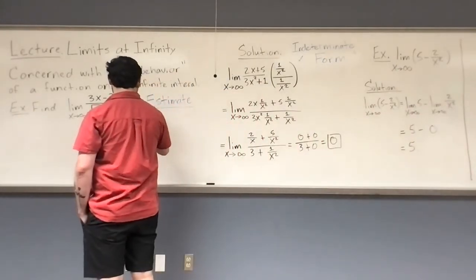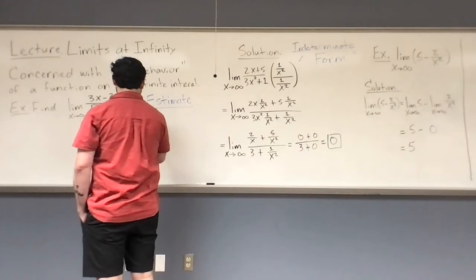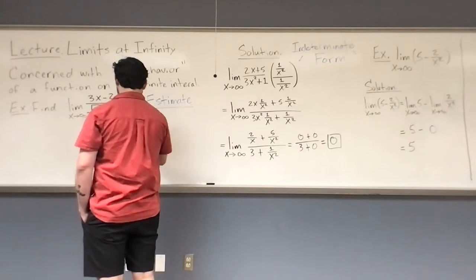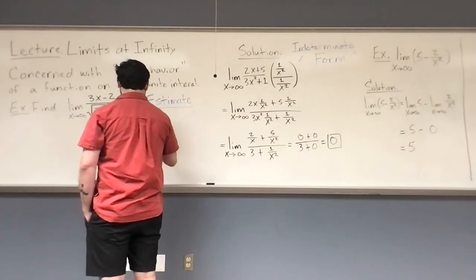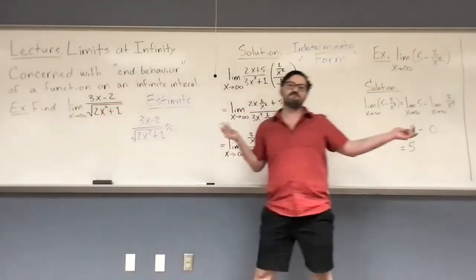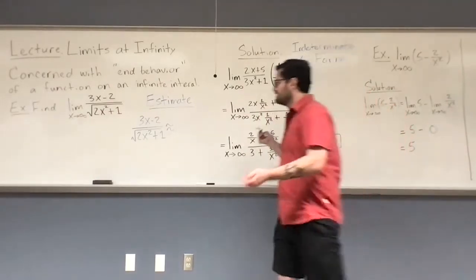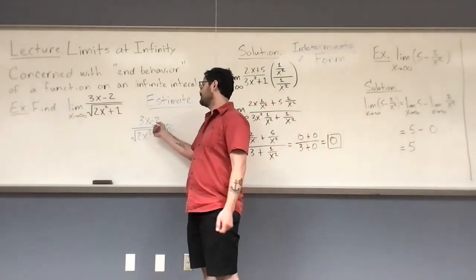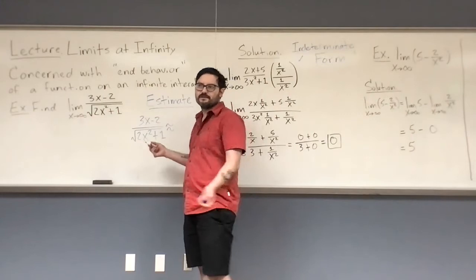Let's say 3x minus 2 all over root 2x squared plus 1. All right, x is a billion, right? So if x is a billion, 3 times a billion minus 2 is basically 3 times a billion.